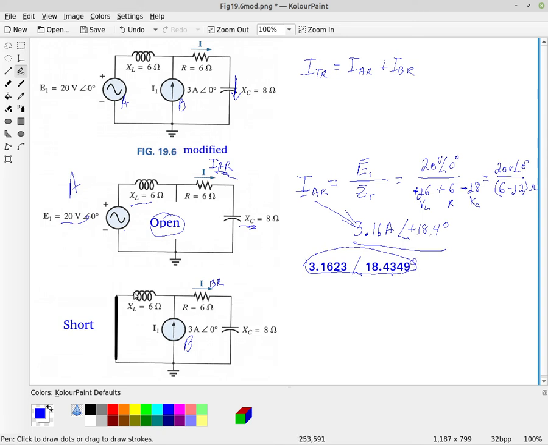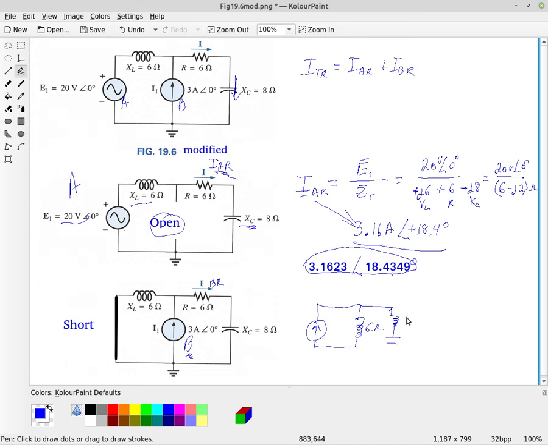All right, so now we're going to find the current due to the B source, which is actually a current source now. So if we redraw this a little bit, we have the current source feeding the 6 ohm inductor, and it's feeding the resistance, which is in series with the cap.